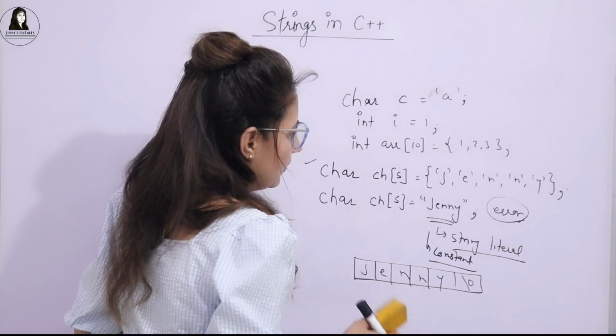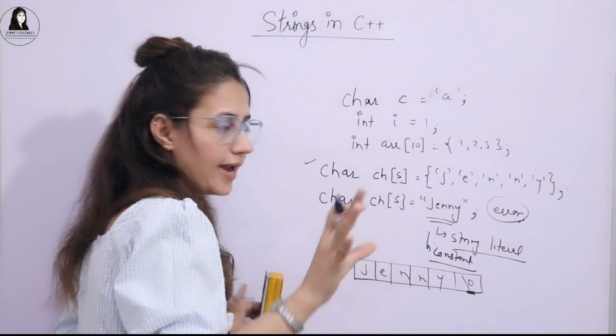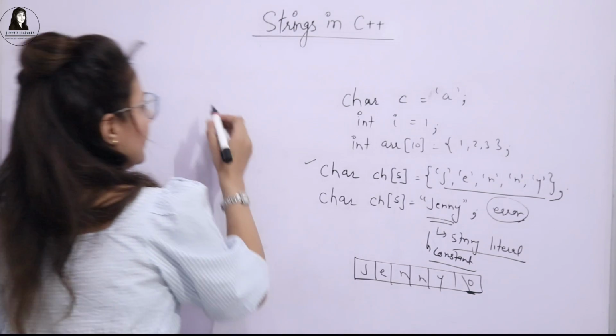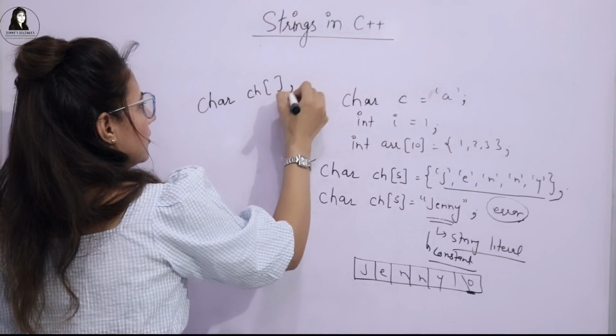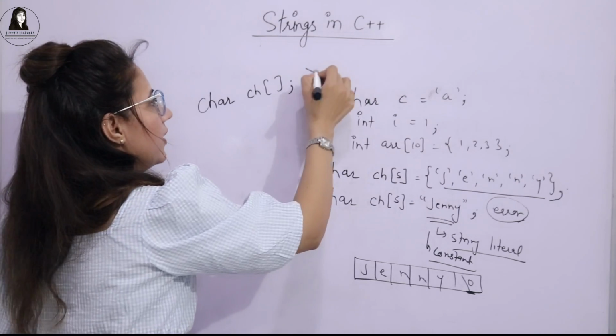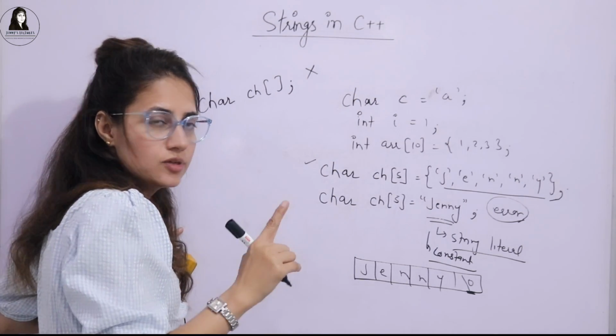So C++ uses this null character just to indicate the end of the string. If I declare a character array like char ch with no size, it will give an error. You have to give the size at first.